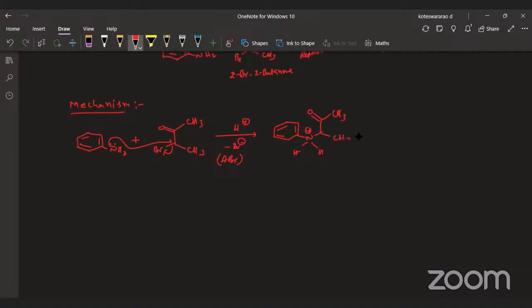This is the intermediate generated. After the formation of the intermediate, it will lose the proton, as the nitrogen-nitrogen bond will be cleaved. Therefore, minus H plus will be eliminated.